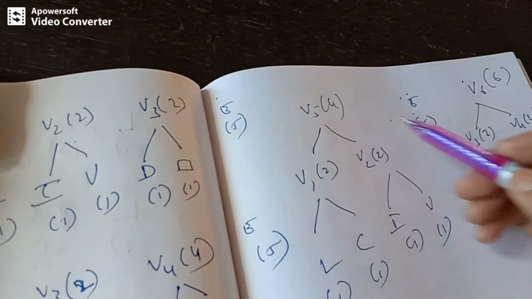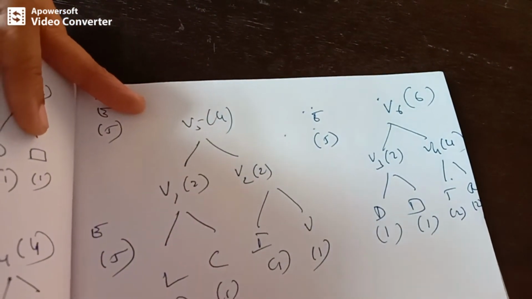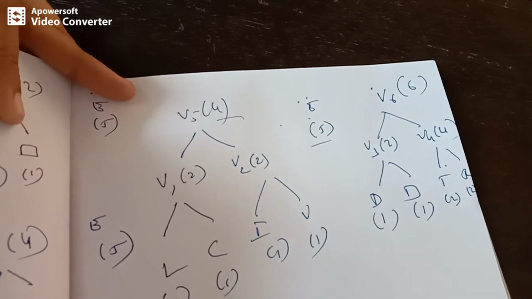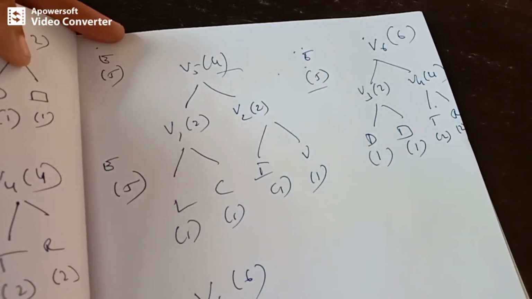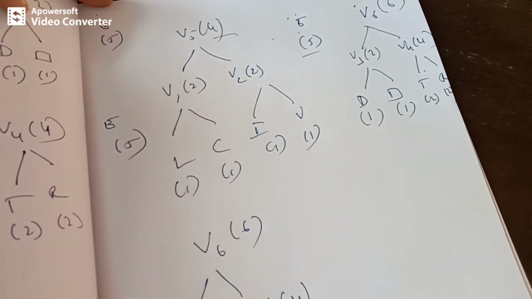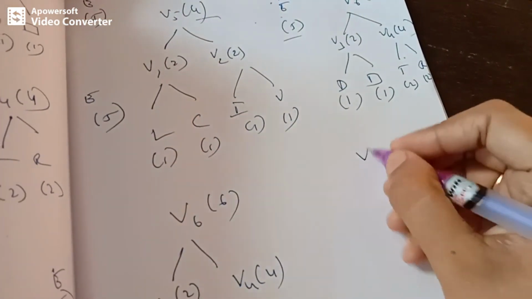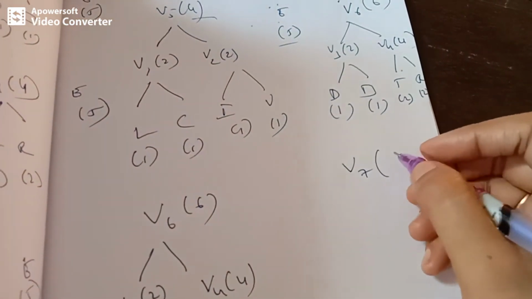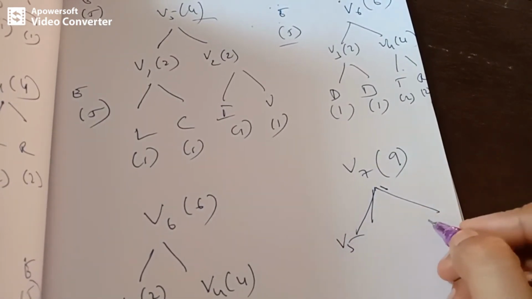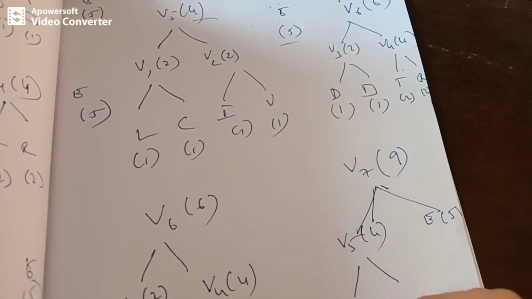Okay, so now again I'm going to combine these two into a tree, whose weight is 9, so I'm fixing them in the next position. V3, 2, V4. I'm writing the next level of the tree: 1, 1, T, R, 2 and 2. So the next new tree is having weight 9 and whose children are V5 and E. So complete the trees.